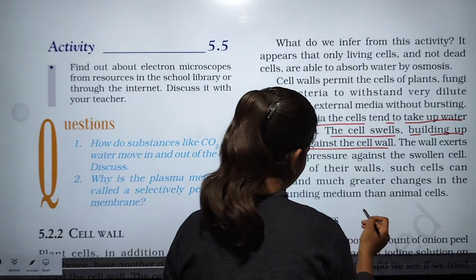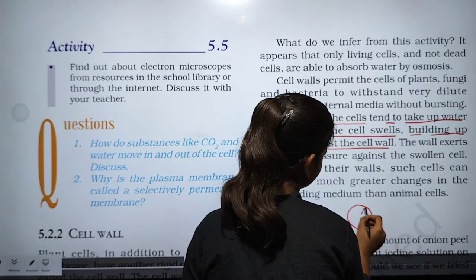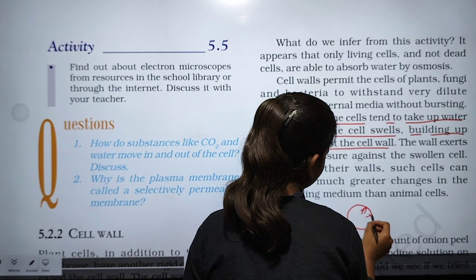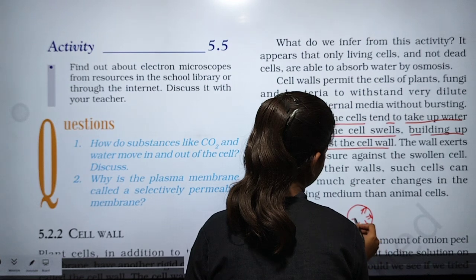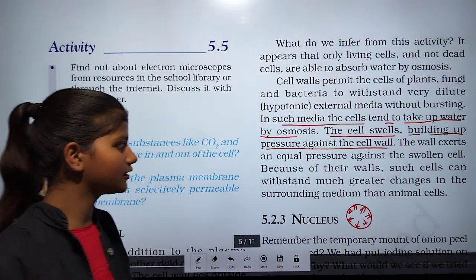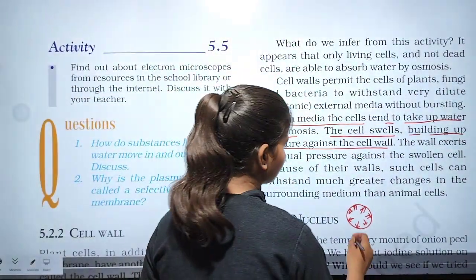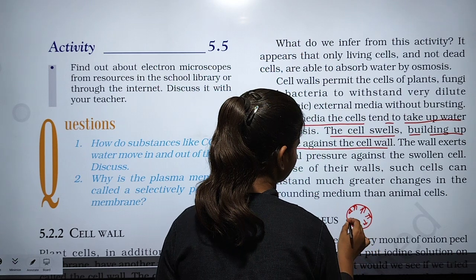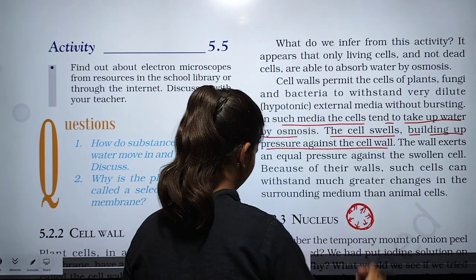It means when the cell swells, it increases the pressure against the cell wall.